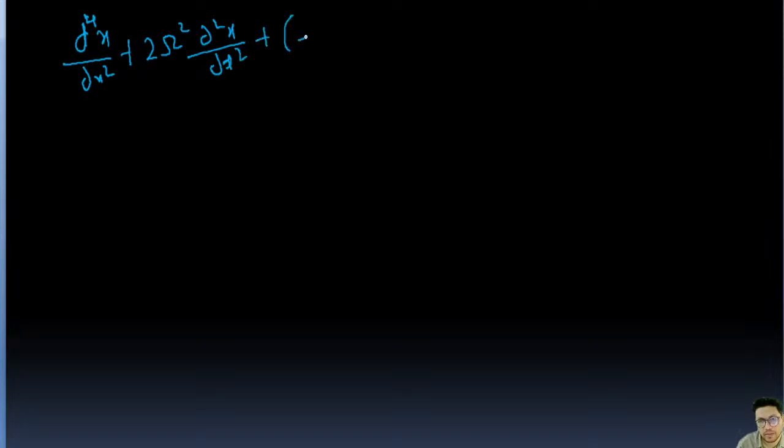So first, that time evolution equation is given, right? I will write it. So this is d^4x/dt^4 + 2 omega square d^2x/dt^2 + (omega to the power 4 minus a to the power 4) x = 0.